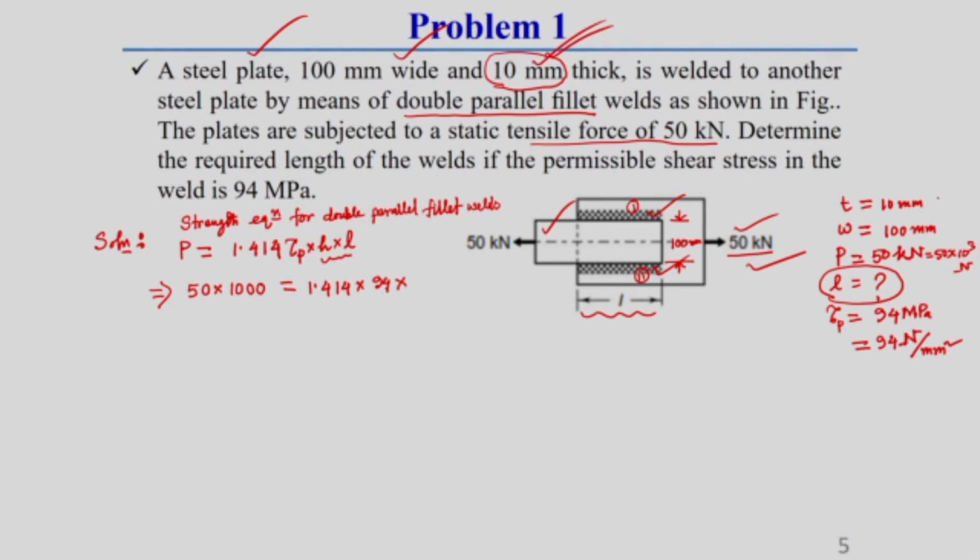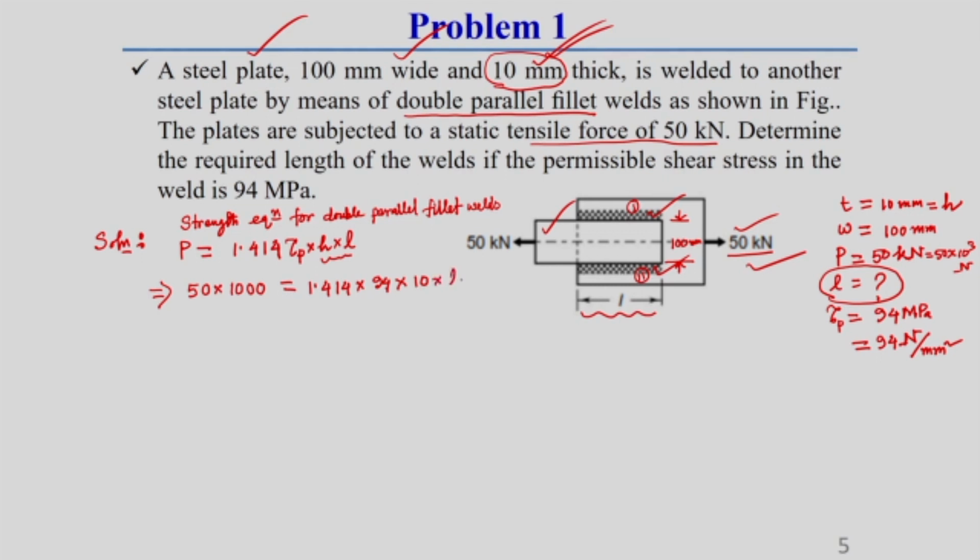So, this 10 millimeter, this will be equal to the thickness of the plate, which should be equal to the leg length H. So, these things also here I am putting. So, 10 is equal to the leg length of this fillet weld. This is already discussed in previous lecture.